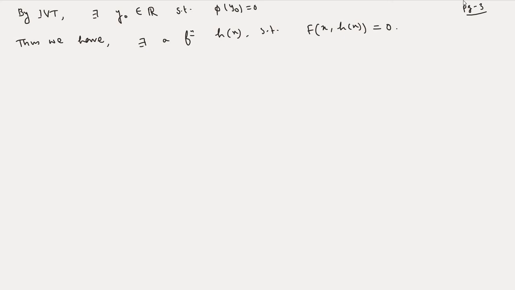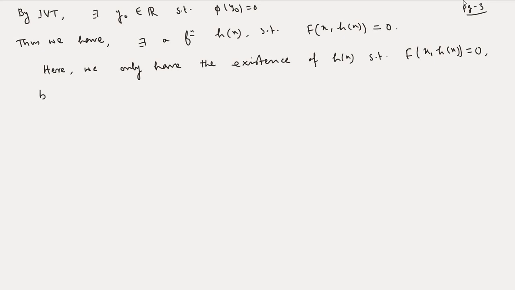So here we have only the existence of such a function h of x, such that f of x comma h of x is equal to 0.